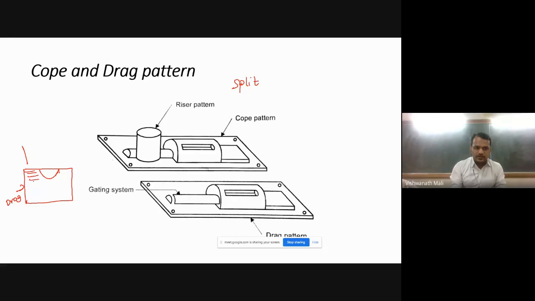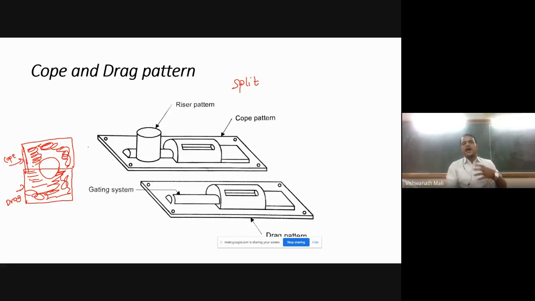Then we have the molding sand here. Then we keep the cope, then we keep the another part of pattern, and then again we pour the sand. So this is known as split pattern.